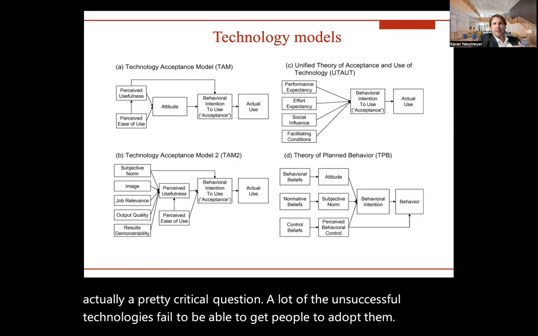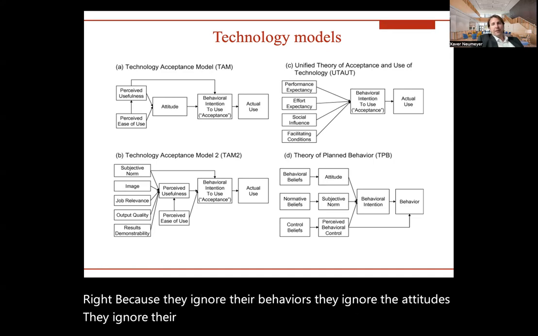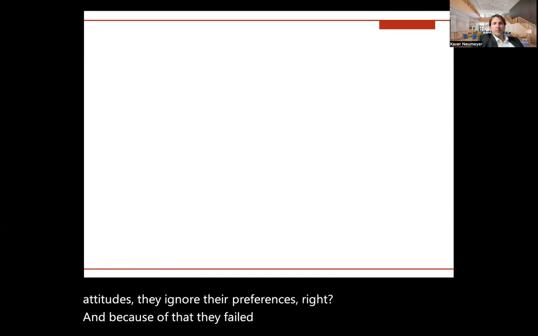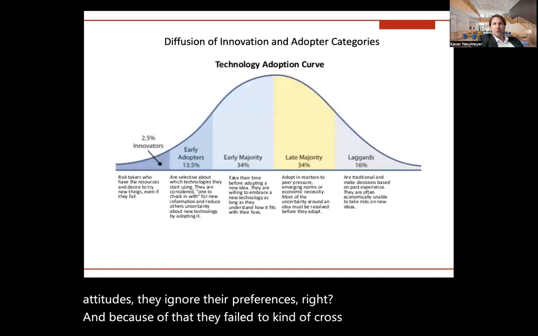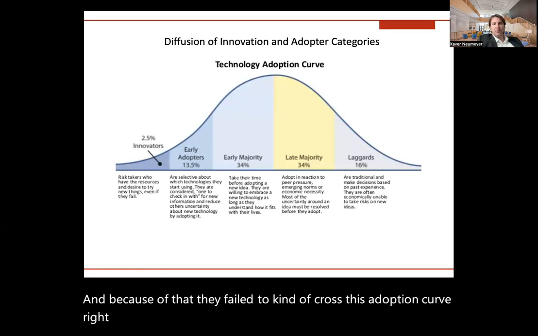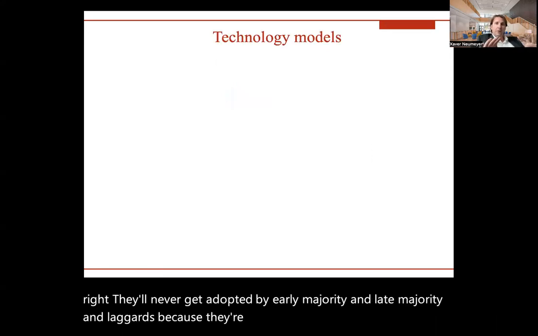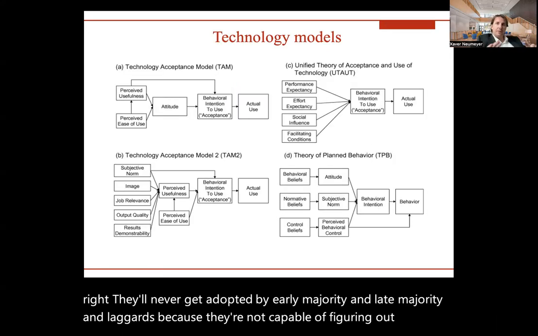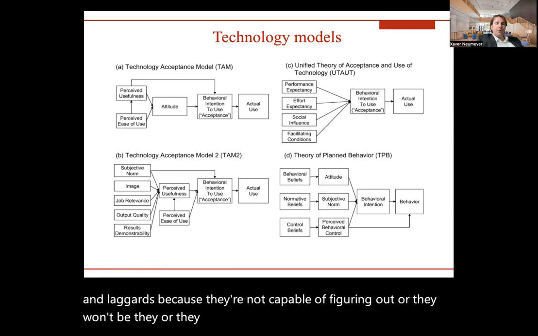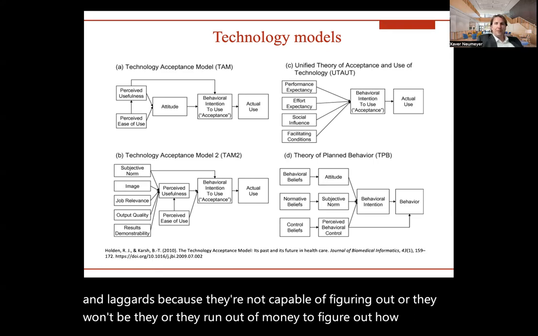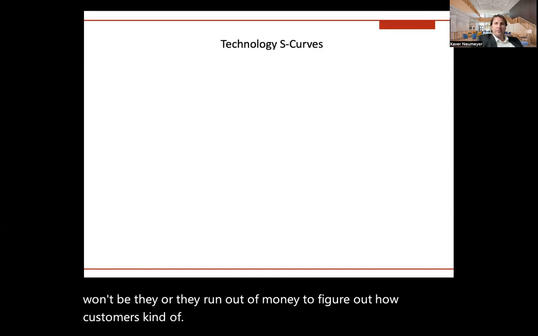And because of that, they fail to cross this adoption curve. They'll never get adopted by the early majority, late majority and laggards, because they're not capable of figuring out, or they run out of money to figure out, how customers like to use that technology.